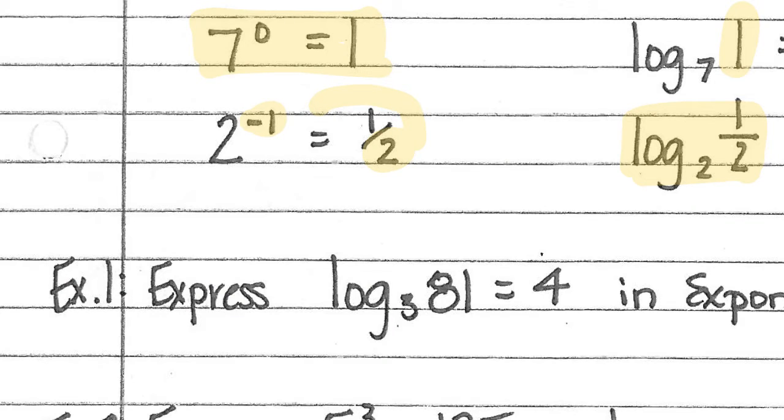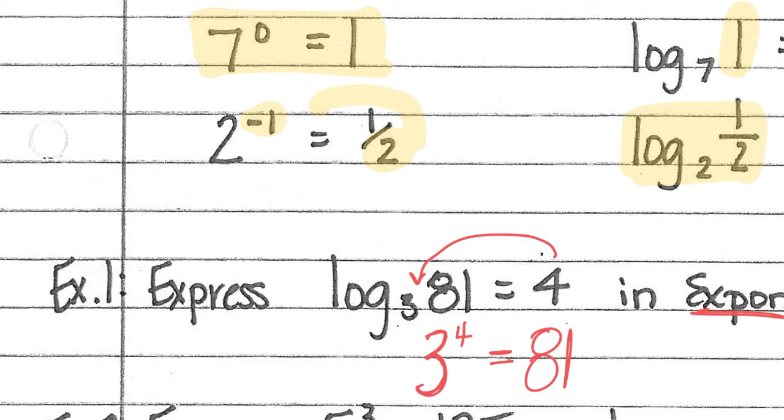All right, example 1 is just going to say, let's make this from log form to exponential form. They're saying express log base 3 of 81 equals 4 in exponential form. So I'm going to take this 4 and put it right in the middle. I always think saying "log base 3" helps, because you know that the 3 in this case is the base. We're going to make the 4 the exponent, and that's equal to 81.